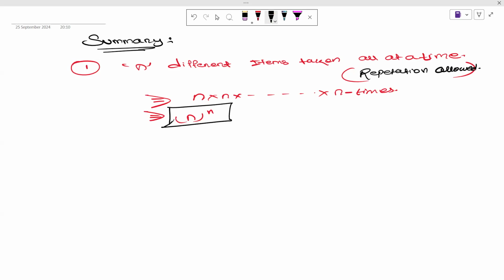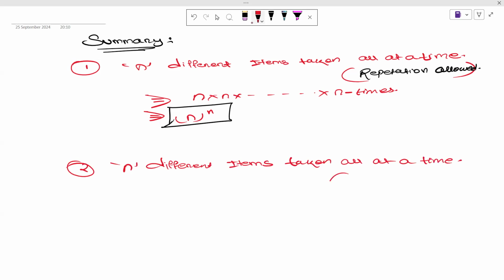Now, the next part. n different items taken all at a time. The condition is: repetition is not allowed.